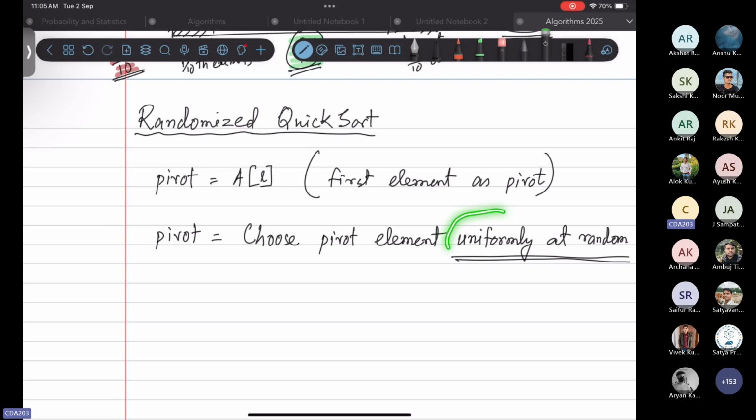So that is what I meant by at random. Any of these elements can be a pivot. Now, what does uniformly mean? Uniformly means that the chance of picking an element as pivot is equal for every element.